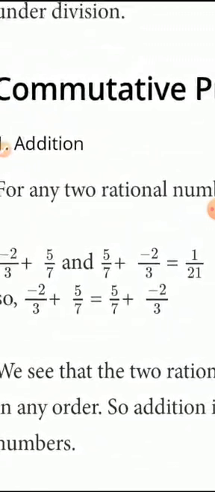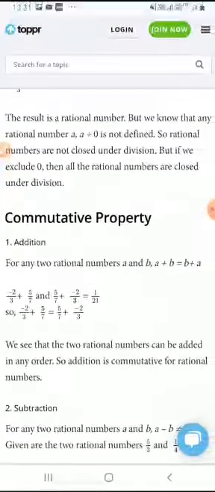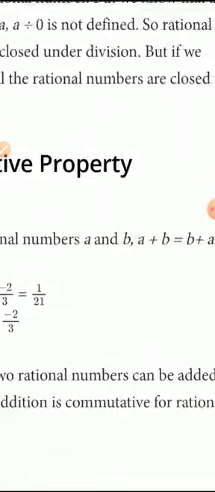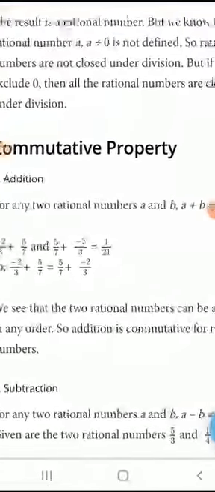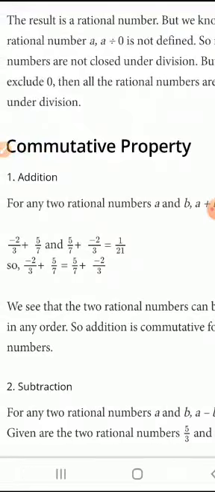This means minus 2 upon 3 plus 5 upon 7 is equal to 5 upon 7 plus minus 2 upon 3. So if we add two rational numbers in any order, whether it is a plus b or b plus a, the answer will be the same. So we can say addition is commutative for rational numbers.